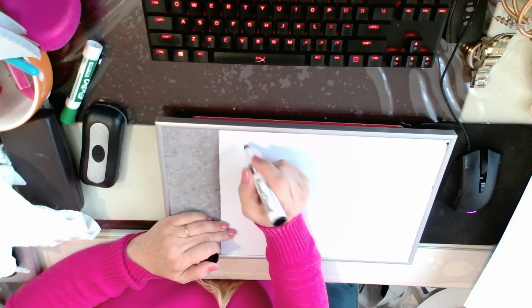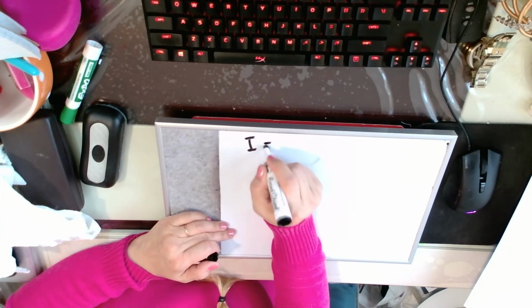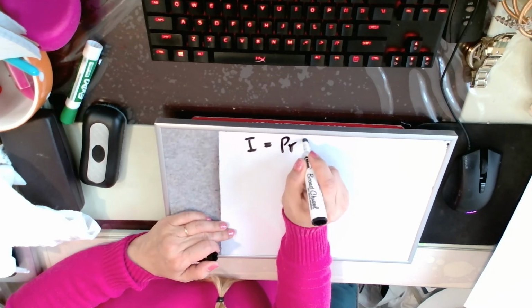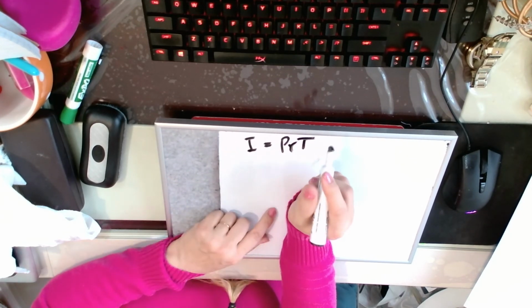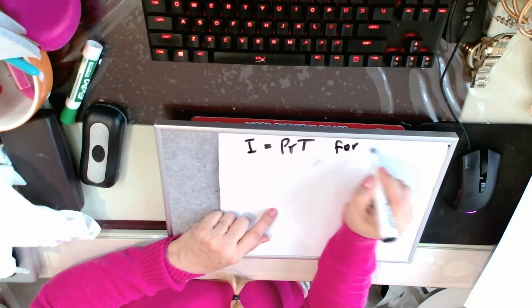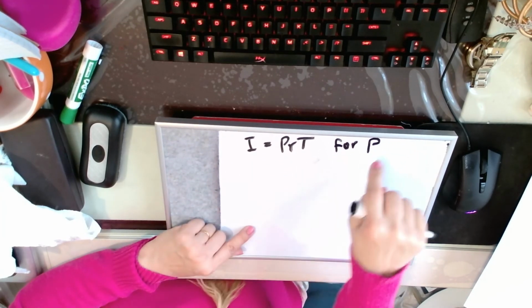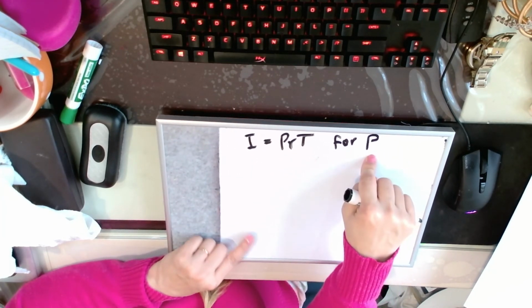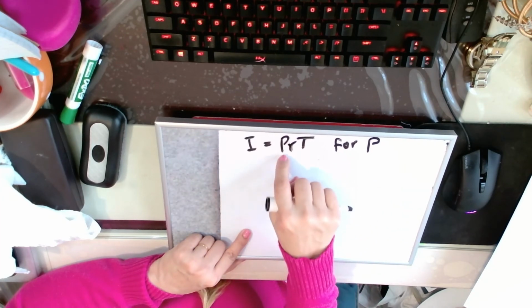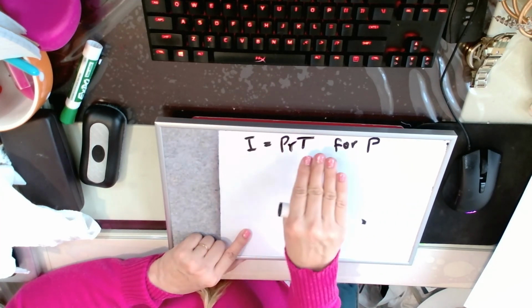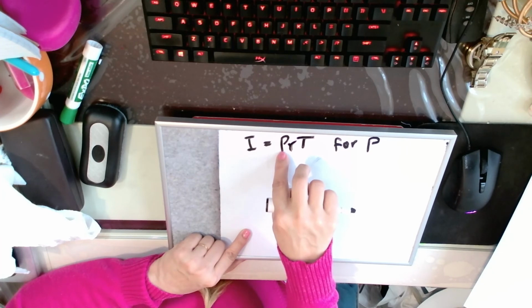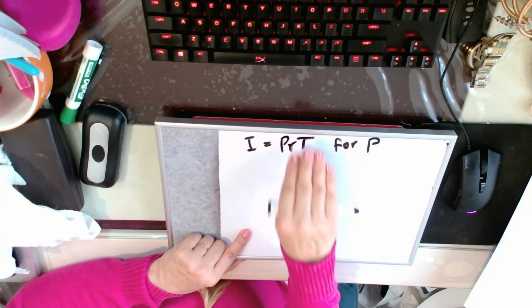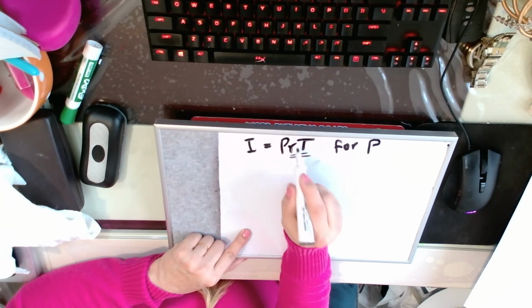The formula is I equals PRT. Solve for P. Whatever they ask you to solve for, you have to look and make it by itself on any side. So to make P by itself on this side, we have to get rid of RT.